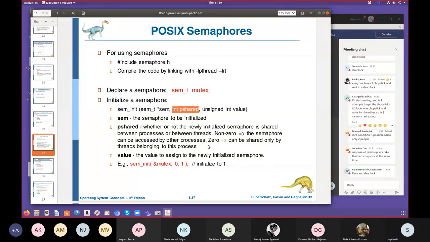That's up to you. Also, there is this thing pshared. I leave it to you to figure out the details, but just see what is written here. Semaphores can be used both among processes or among threads of a particular process. So this argument will tell what you want: you want the semaphore to be accessible across processes, or shared only by threads belonging to this process.